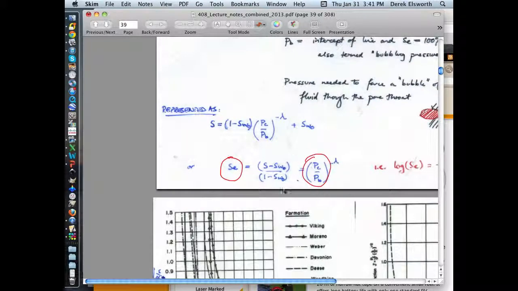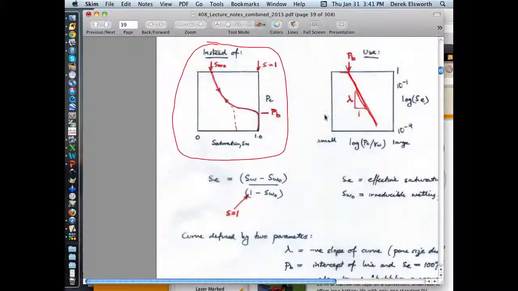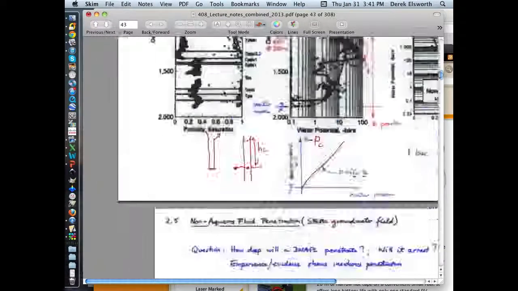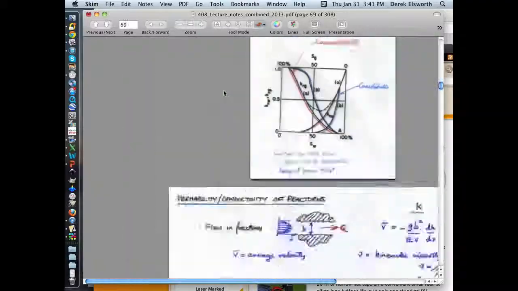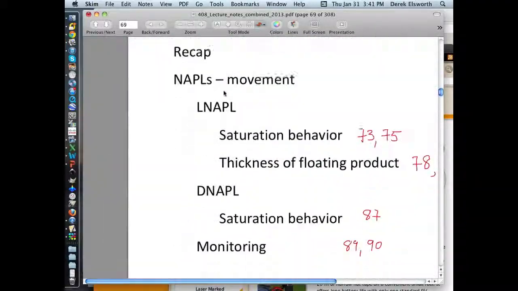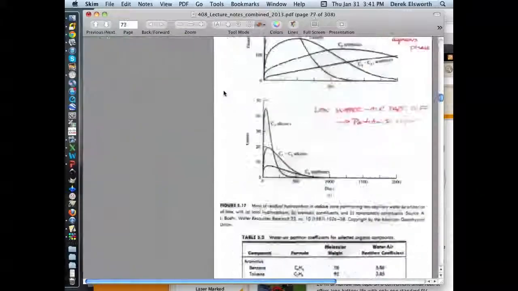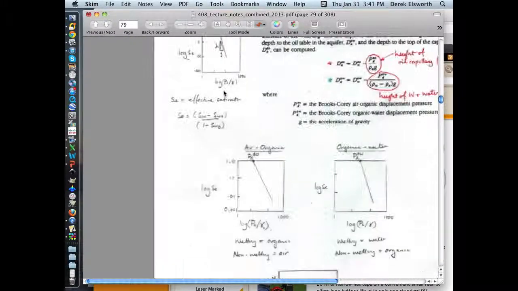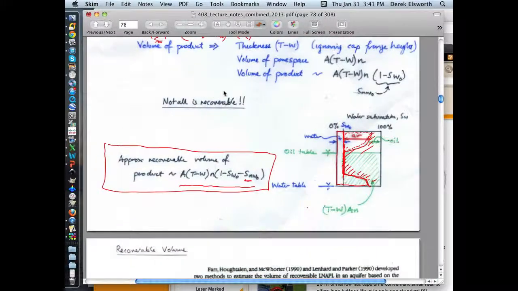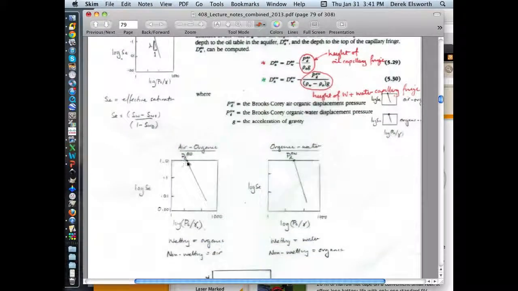And so if this relationship describes this plot, which really describes this plot, then you'd think that when we look at how we distribute saturation with depth in the subsurface, which is what this plot is here, then we could also represent this by a Brooks-Corey plot, which has an equation to it, both for the air and the NAPL, and for the water in the NAPL.